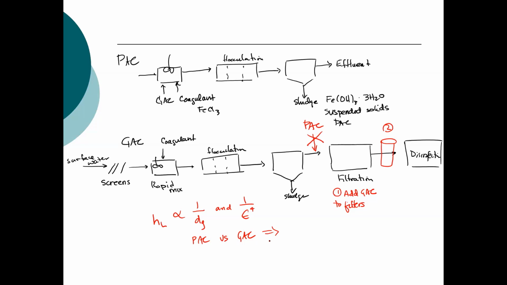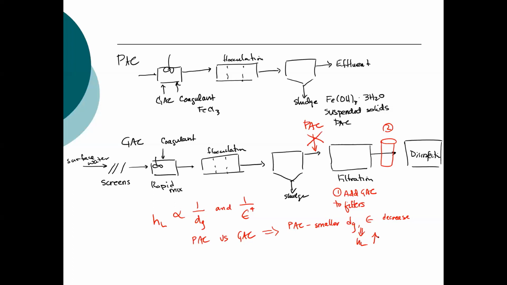So if it's much finer, what does that mean in terms of the diameter of the particles of activated carbon? It's going to be smaller? Exactly. The porosity is going to decrease, so the head loss increases.